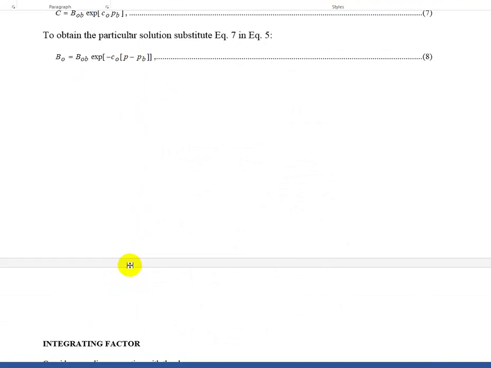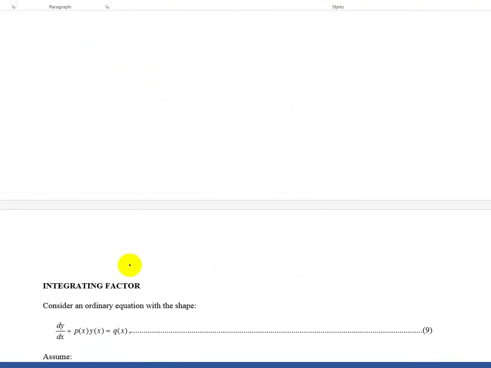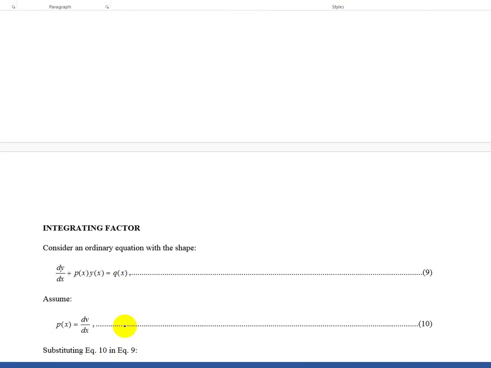For the integrating factor, you have an ordinary differential equation in this shape, right? And like we have talked since the beginning of the class, here we are going to assume that this function p of x is equal to the derivative of some function v with respect to x.